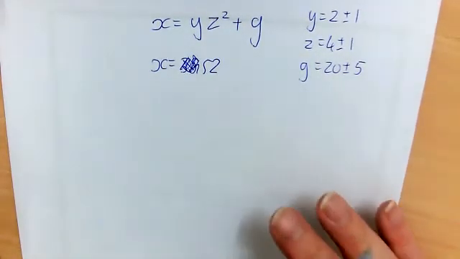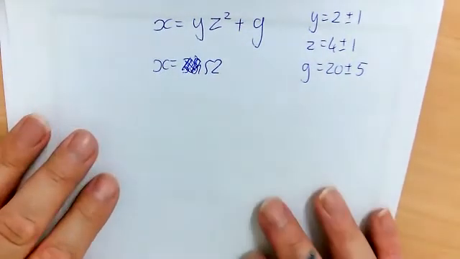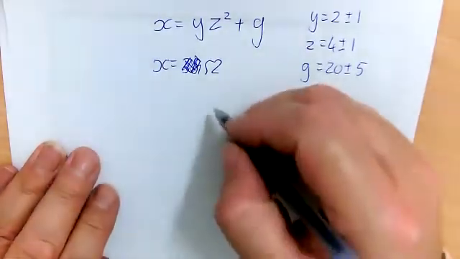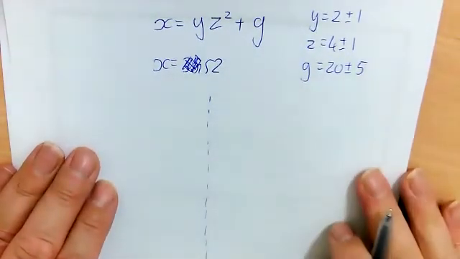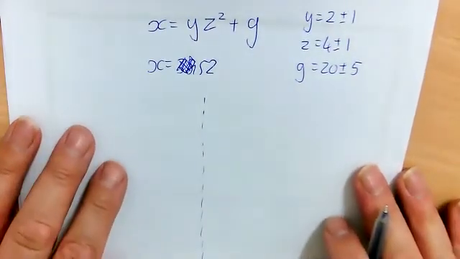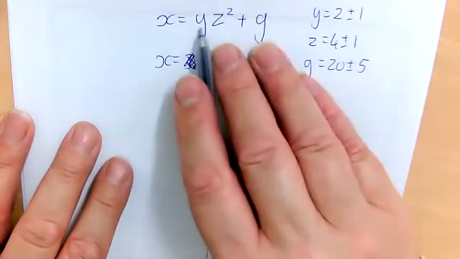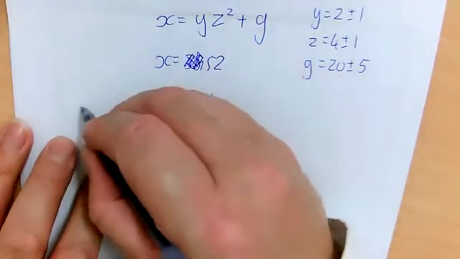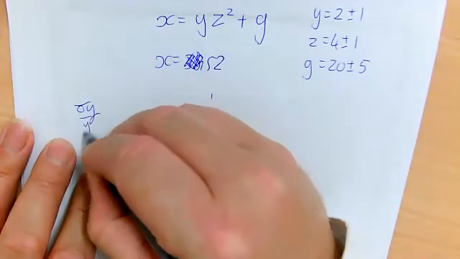Right. Now, there are a couple of ways of doing it. The first way is pretty simple. I'm just going to do them both so you can see that they both work and they both give you roughly the same result. The first way is to look at the percentage uncertainty. So you've got the percentage uncertainty in y. That's the uncertainty in y over y.